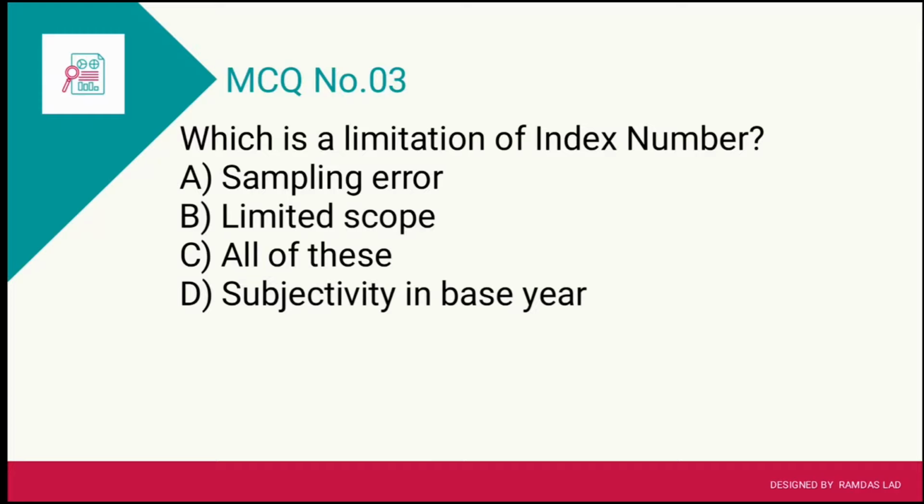All these are the limitations of index number. There is a sampling error, there is a limited scope, and subjectivity in base year also. So in this question the answer is option C, all of these. All these are the limitations of index number.